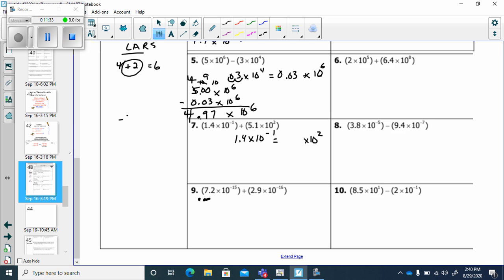To get from -1 to 2, what have I done? I add 3, right? -1 plus 3 is 2. So if I'm adding 3, Lars tells me I'm going to go 3 places to the right, okay? I've got 1.4, 3 places to the right would be 1, 2, 3, okay?